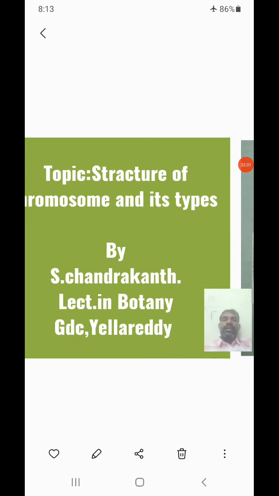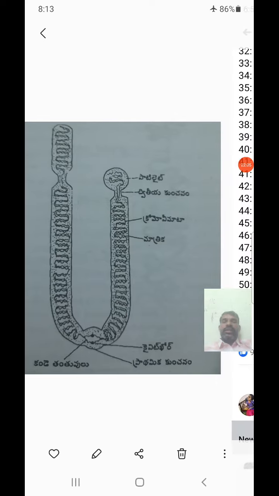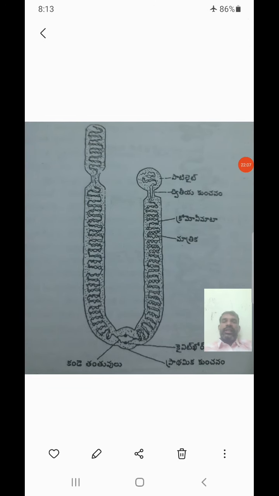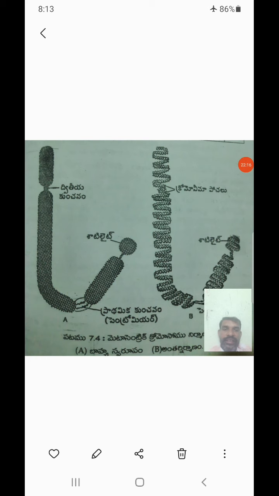Is it clear? So this is the general structure you can observe, the outline structure of the chromosome. You can identify it under a microscope like this. This is the outer and this is the inner structure of the chromonemata, and the chromosome structure is clearly visible: primary constriction, secondary constriction, satellite and telomere.